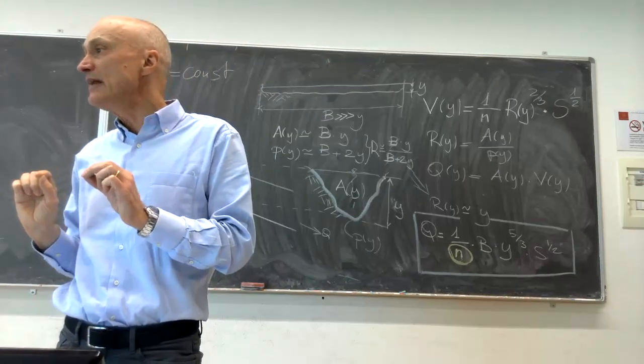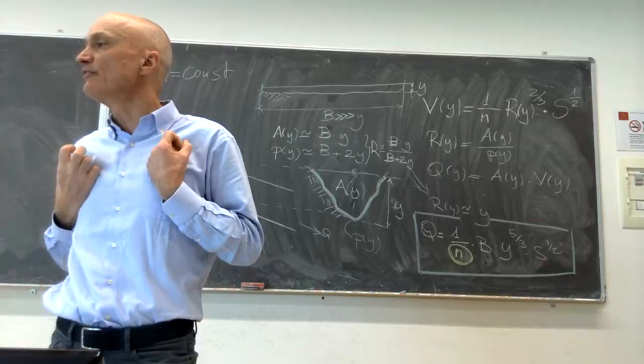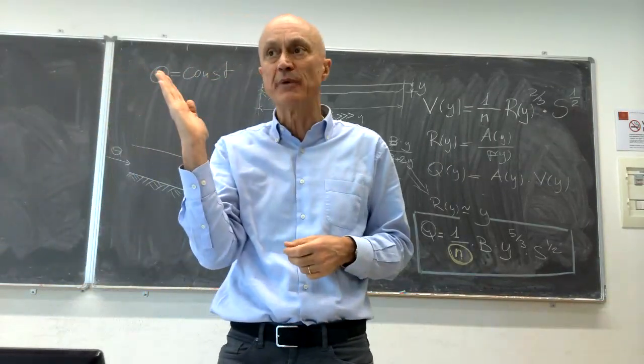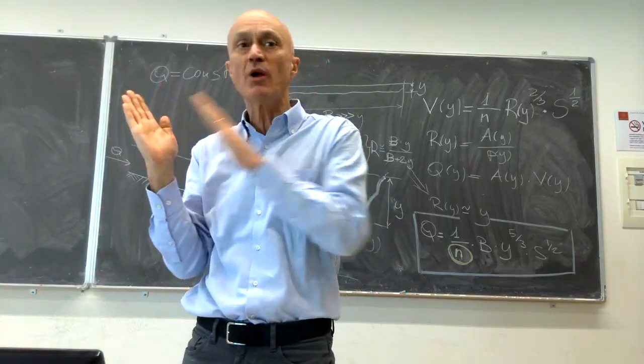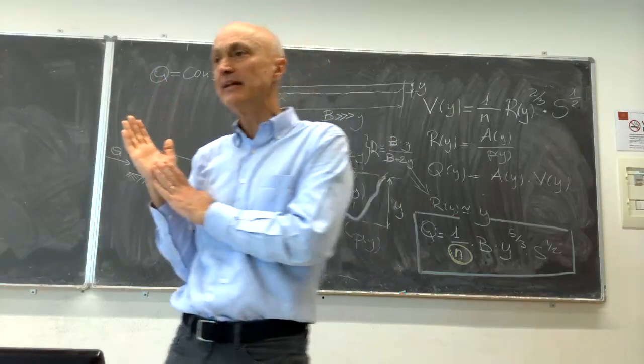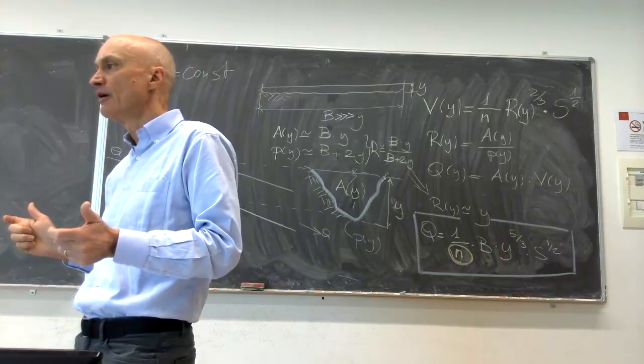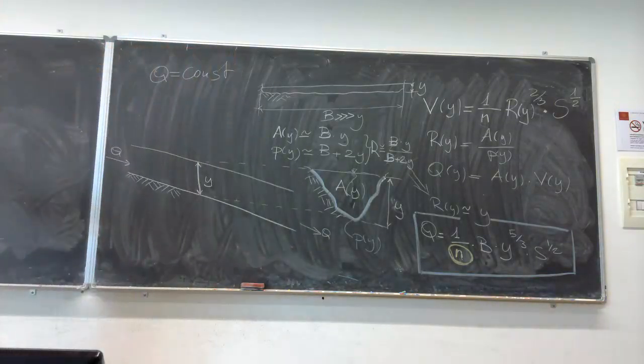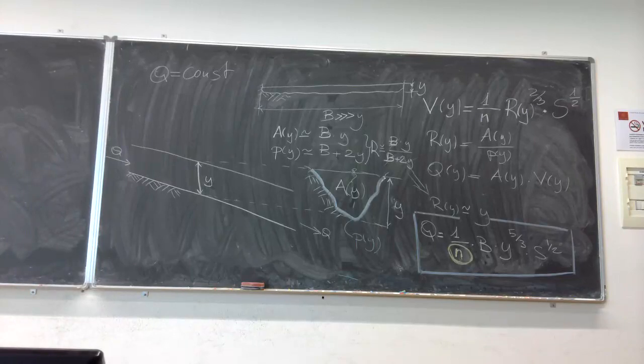You have limited discharge when it's not raining. Okay? This results in a very, very steep flow duration curve.